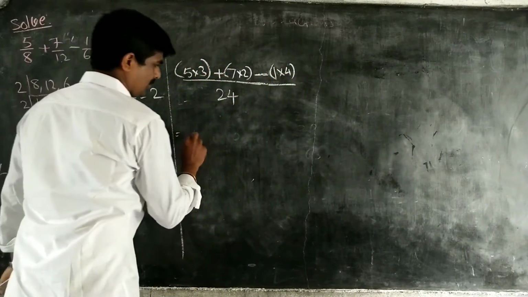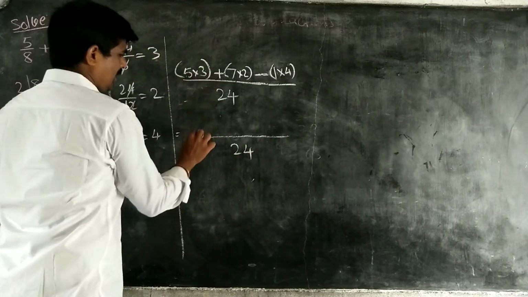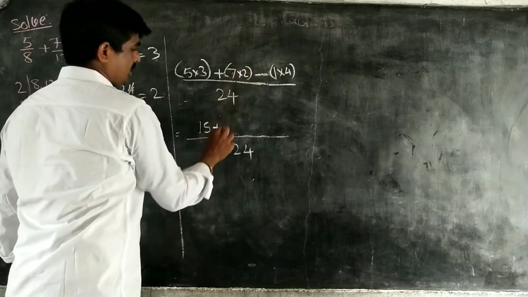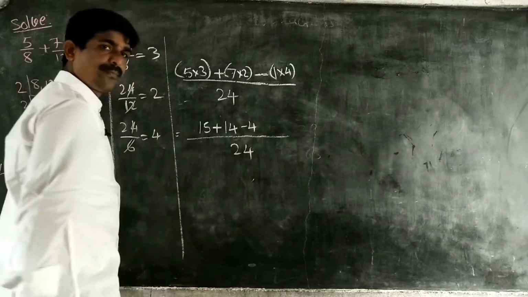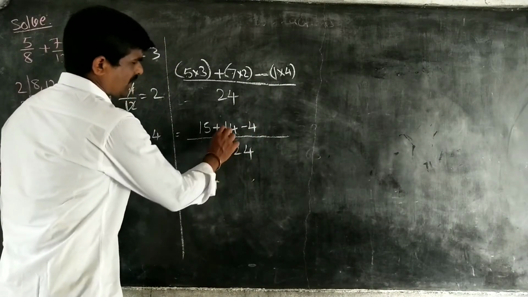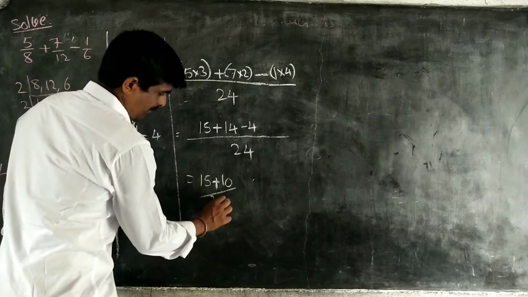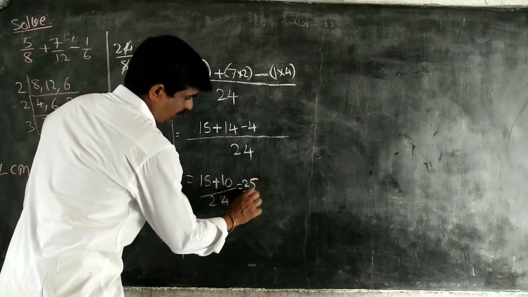That is equal to 24. 5 threes are 15 plus 2 sevens are 14 minus 4. Okay. Next, 15 plus 14 minus 4, you have to write 25 by 24.